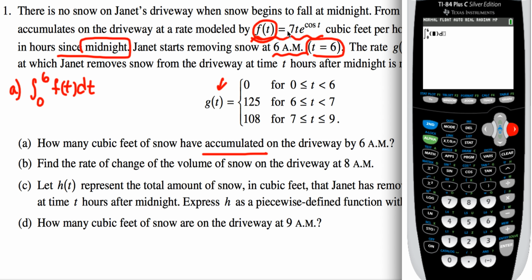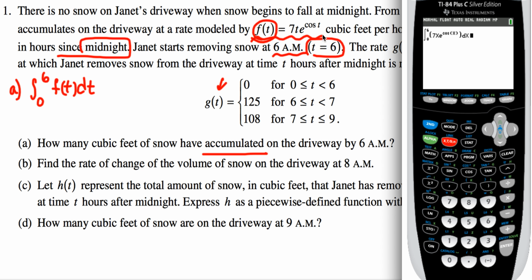and let me just try to type this one in. 7, I'm gonna call it as x, e to the cosine x. So once I have done this one, then this basically tells you exactly the same thing as before.